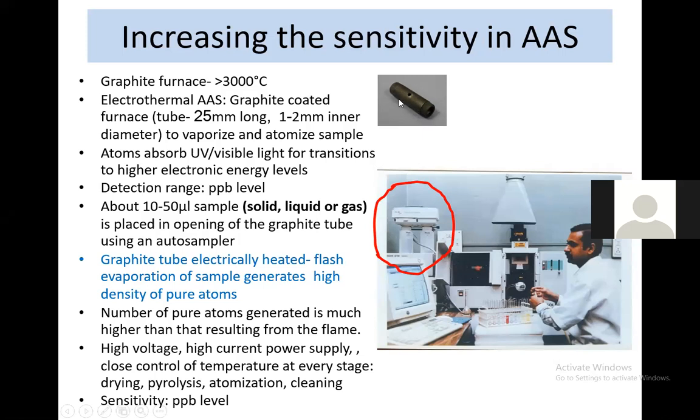It is close to 1 centimeter in length, and the diameter is maybe about half a centimeter, 4 to 5 millimeter. That actually is a graphite furnace, surprisingly. A very, very small thing indeed. You would probably not believe me that this is a furnace, but it actually is.